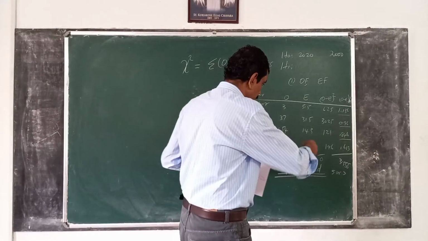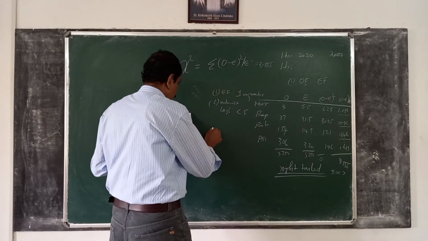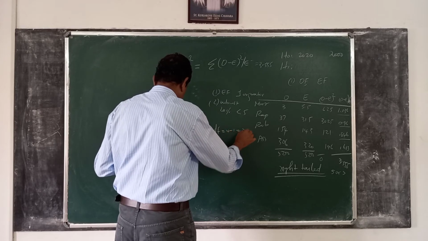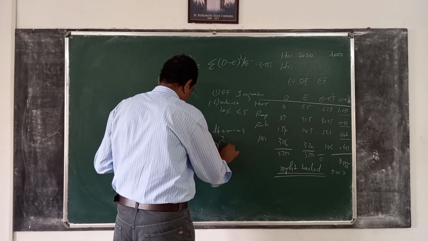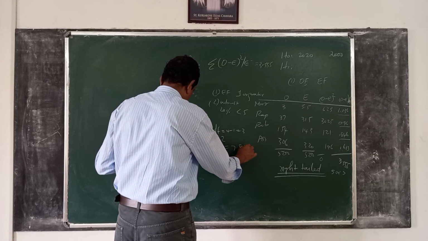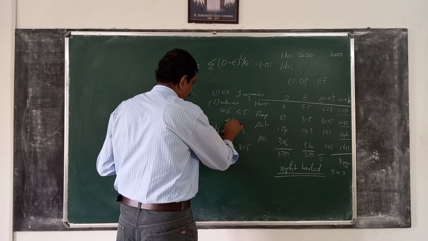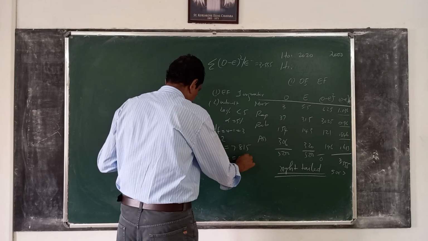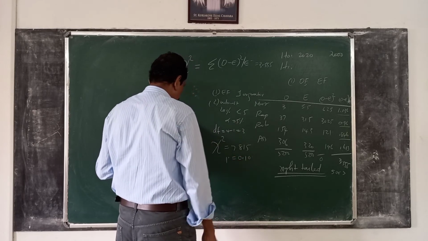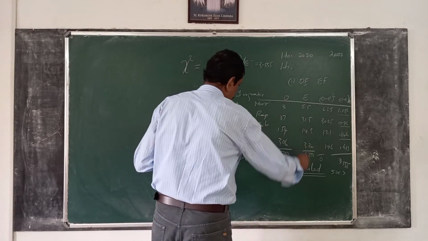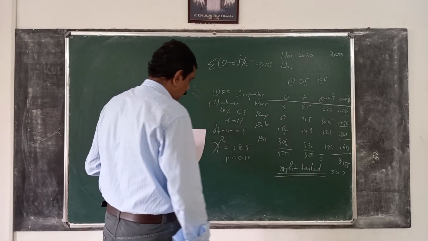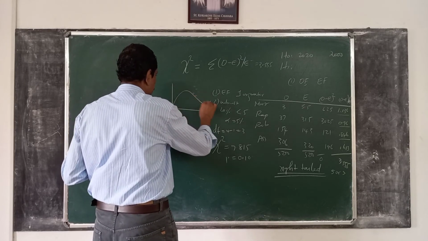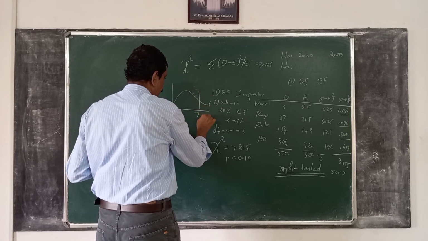In our example, it is 3.555. Degrees of freedom is 4 minus 1, equal to 3, and critical chi-square is 7.815 for alpha equal to 5%, or P equal to 0.05. Remember, chi-square critical is 7.815.